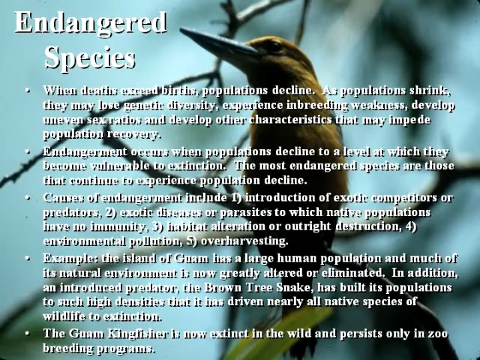On Pacific Islands, the introduction of exotic competitors or predators has been a significant factor. And in fact, on islands around the world, those kinds of situations have decimated island populations of many species.